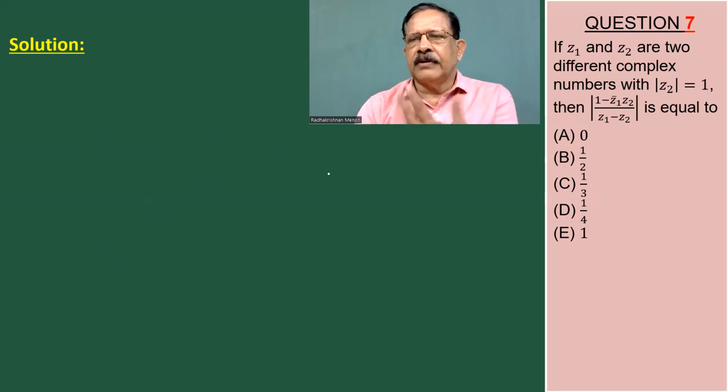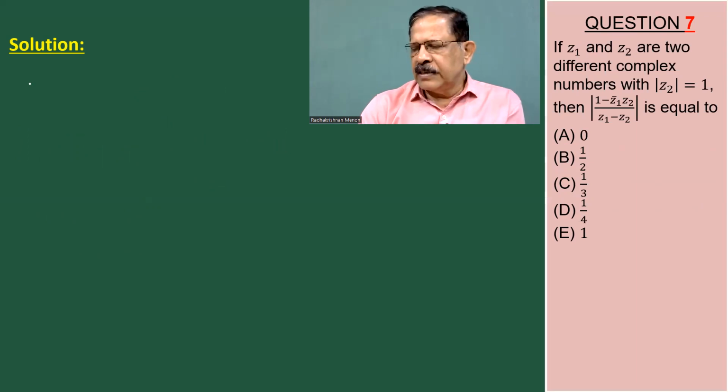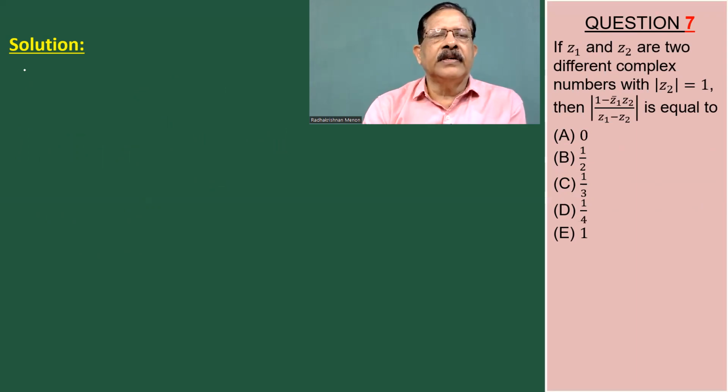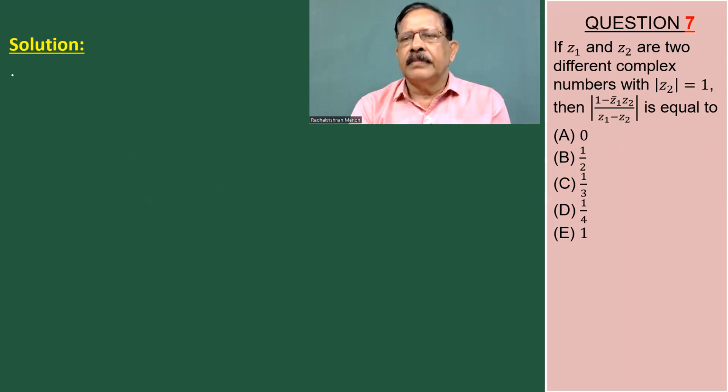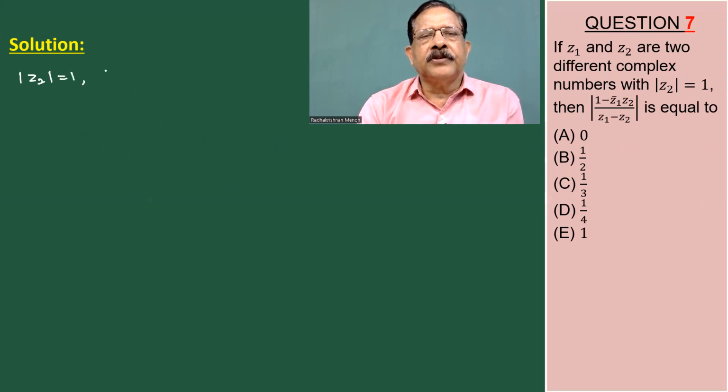It's quite common. Similar questions were there in the exercise in your board examination theory book. Now, it is given mod Z2 equal to 1. When you square, then also it is equal to 1.